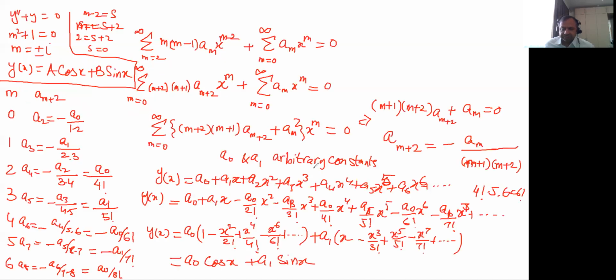I have solved this form of the equation in the uploaded video. There is nothing different; by the same method which I have just described here, I have solved this equation. Let's try to illustrate it a little bit more, and then it will be easy for you to understand.